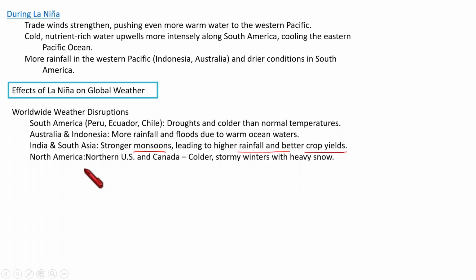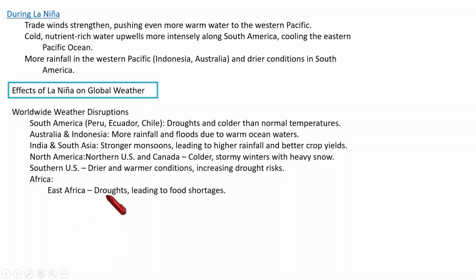North America: El Nino, heavy rains, but in La Nina time, northern US and Canada have stormy wind and heavy snow. There is not enough rain. Southern US is also drier and warmer, with more chance of drought risk.